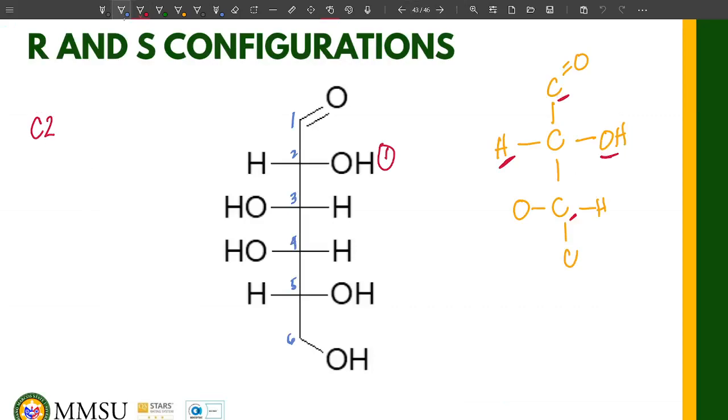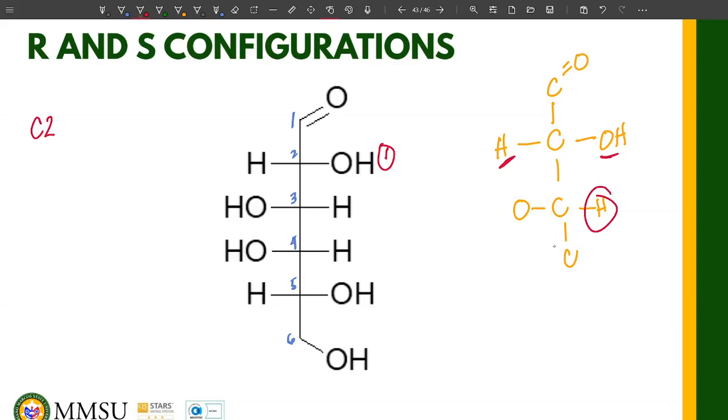Then your next is either this or this, but the problem is both of them are carbon. When both are carbon, you proceed to the next point of attachment. The next point of attachment here is the double bond oxygen. This carbon has attached to it an oxygen, carbon, and hydrogen.